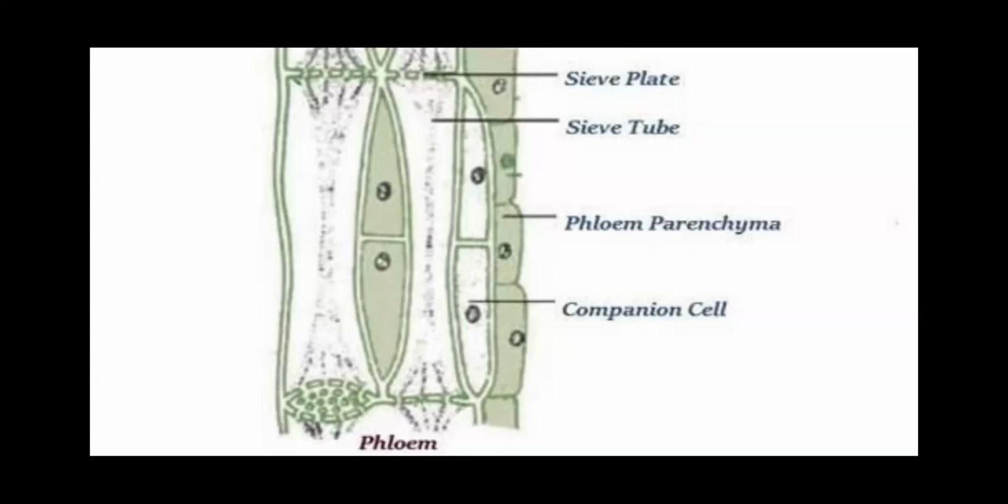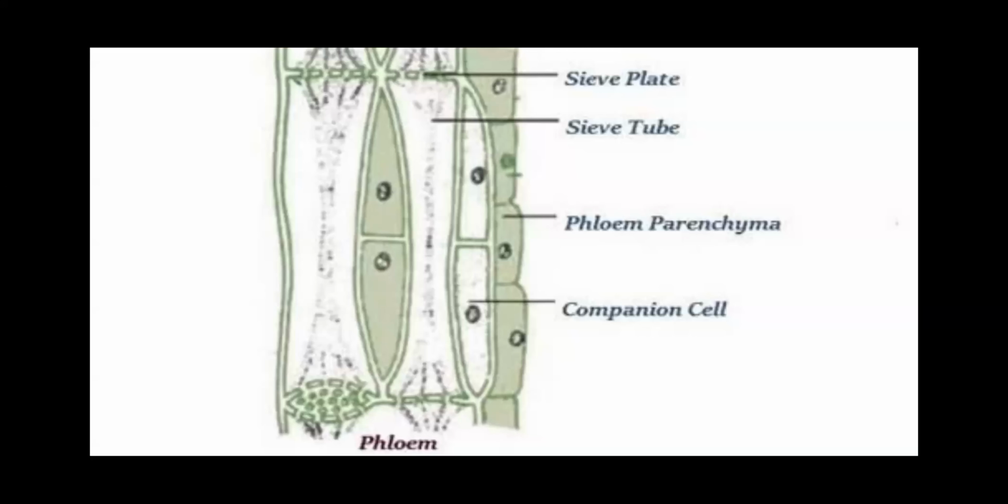See, basically phloem tissue is meant for transportation of organic food primarily. Normally, the organic food produced by the leaves through photosynthesis is transported towards the different parts of the plant body. That's a normal trend.